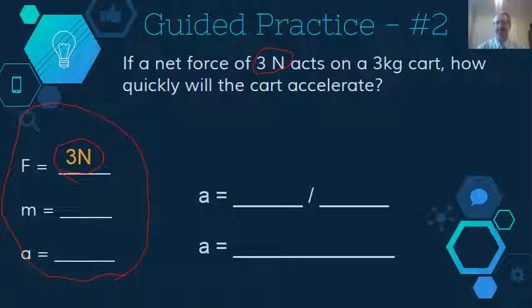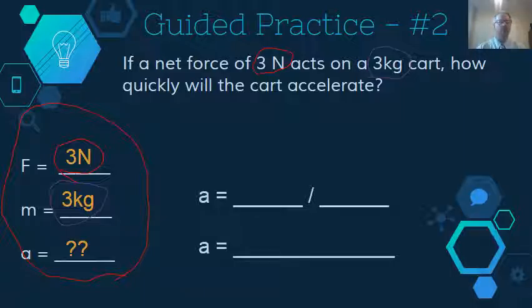That's mass. So that's going to go down here for mass. And notice we're working with a equals F over m in this case, just like we talked about before. So a is what we're trying to figure out, so we'll just put some question marks there.